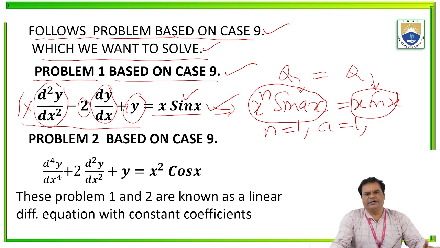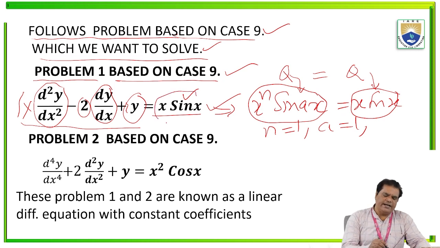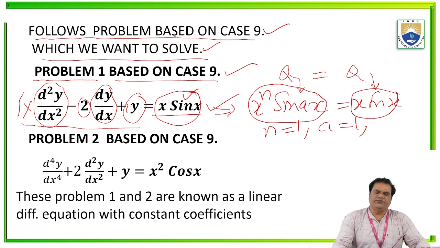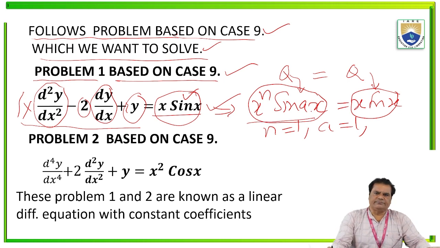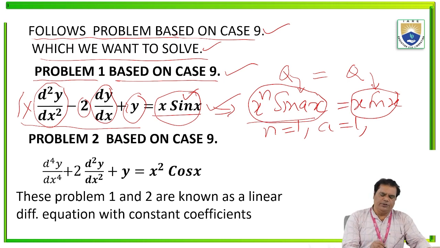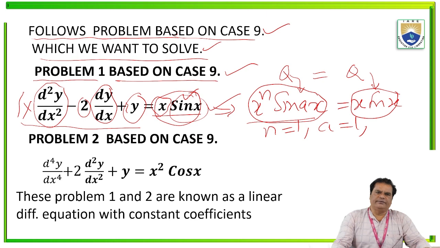So this is a second order linear differential equation with constant coefficients. And on the right hand side, there is some function Q. In case 9, the type of function is x to the power n sin ax. Here x to the power n is x to the power 1, and sin ax is sin x, so a is also 1.